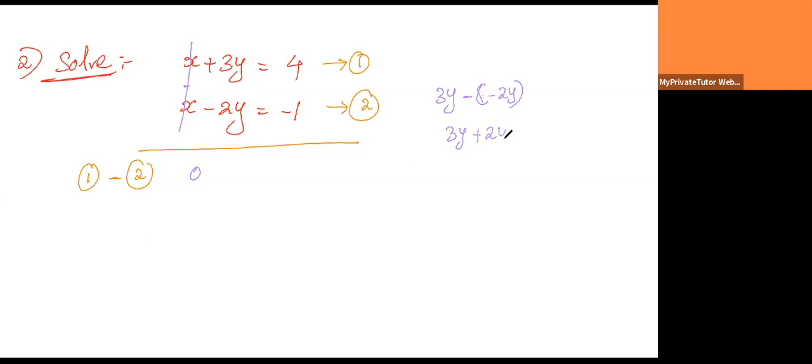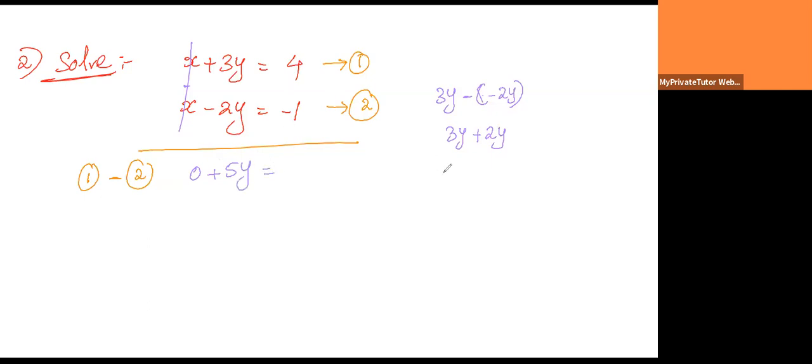So please be careful. If you're not able to solve directly, please write it down separately here. Then 3y, which is nothing but 3 minus of minus 3, which is plus 5, guys.